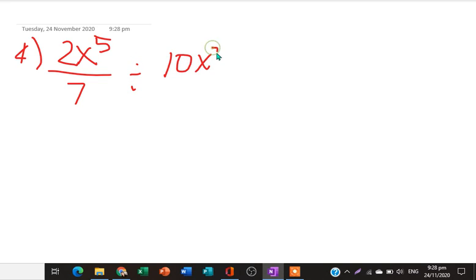So if we have 2x to the fifth over 7a divided by 10x squared. Okay, so first we're going to change this to a multiplication expression. So you're going to change this to multiplication and get the reciprocal of 10x squared. We have 1 over 10x squared.